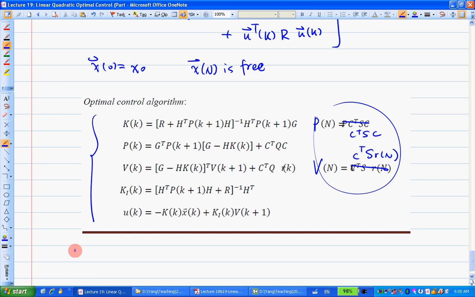So we have to offline calculate this capital K, small k, and capital Ki, small k. In order to calculate this Ki and the k, this V also has to be calculated offline.